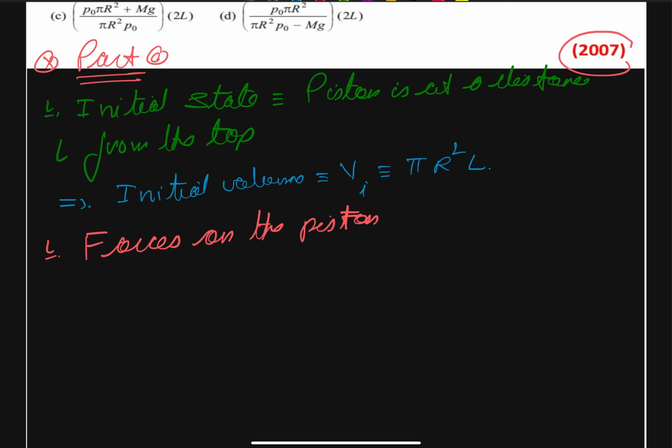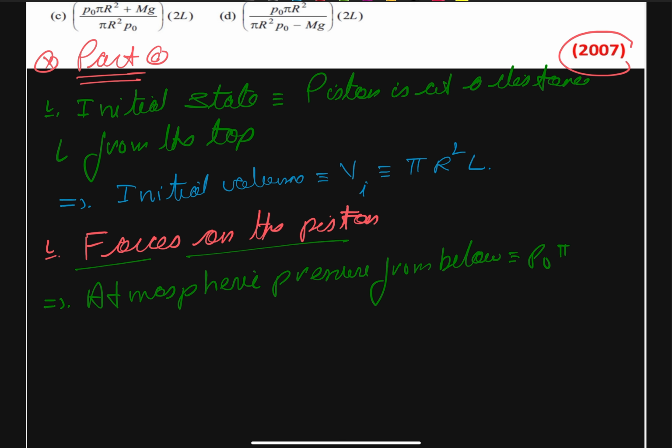So first is our atmospheric pressure from below, that is our P naught, and this will be multiplied by pi r square, and the direction will be upward.